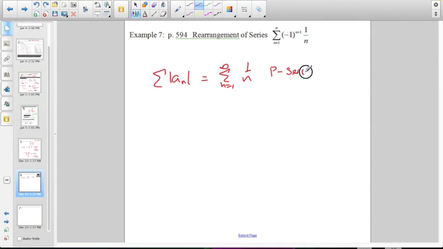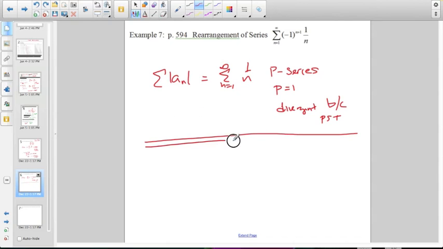Those are by far your most popular tests. So we look at a p-series test, p equals 1. So we know that this is divergent because of the p-series test. Okay, so we know that absolute convergence is out. So all we can go for right now is conditional convergence.